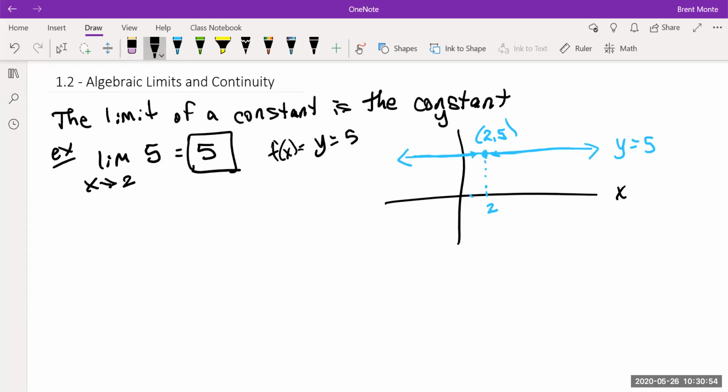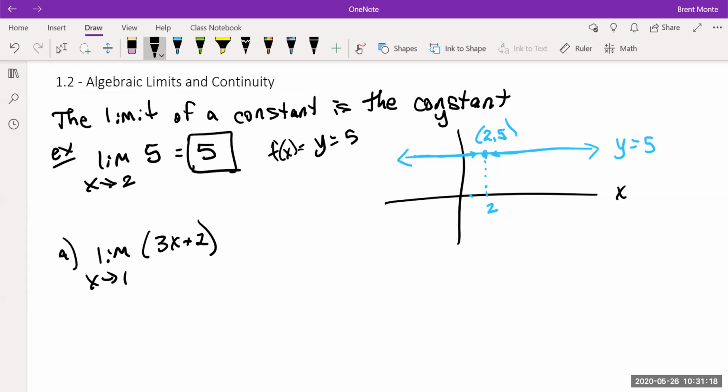Now what I want to show you, though, is what happens. This is actually problem 9 out of the book. It says find the limit as x approaches 1 of 3x plus 2. Now this brings up the next idea. If you've got an x value in there, you don't have just a constant like we did in the previous problem.